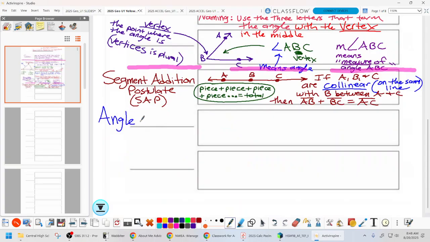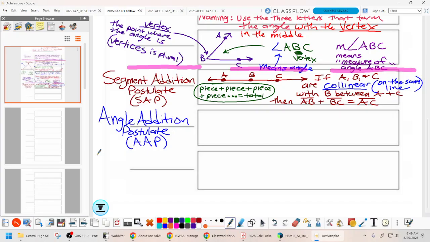It's called the same basic thing, it's just with an angle instead of side length. So angle addition postulate. Remember, a postulate is a statement that's assumed to be true. We'll call this AAP.